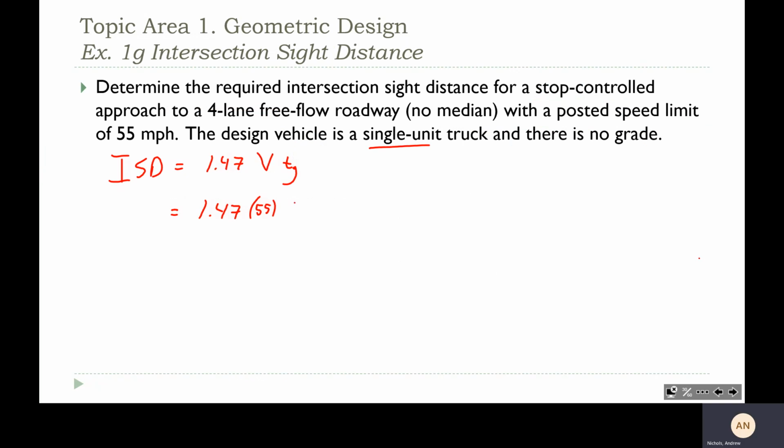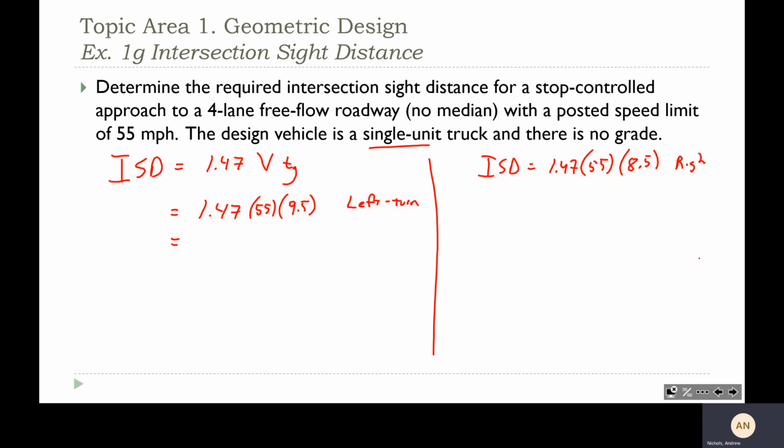So let's do 9.5. This is for left turn. What's that give you?